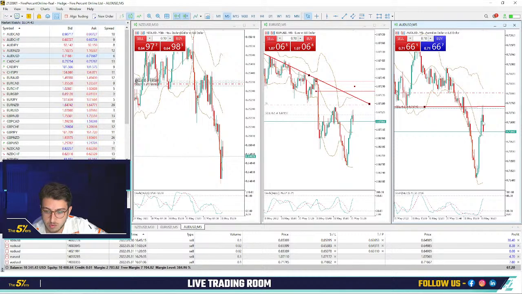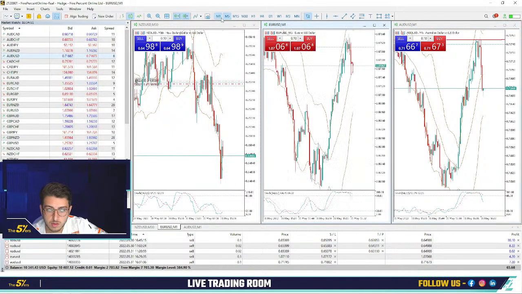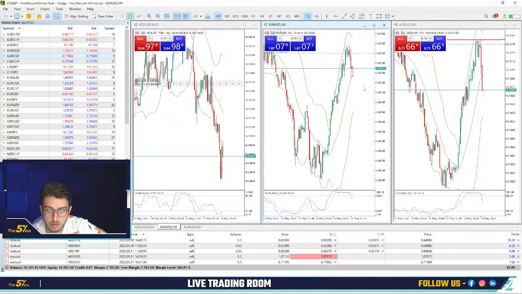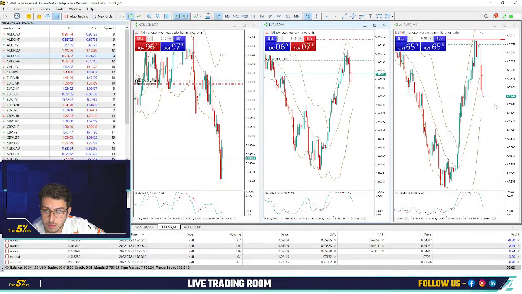The Aussie dollar is quite respecting well here. Also should look for the stochastics. You see stochastics were above 80 on the M1. This was also above 80 for the euro dollar. That's nice.